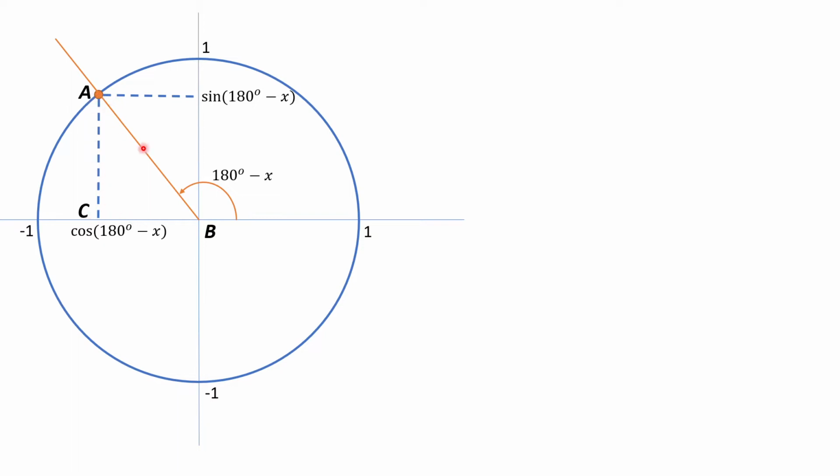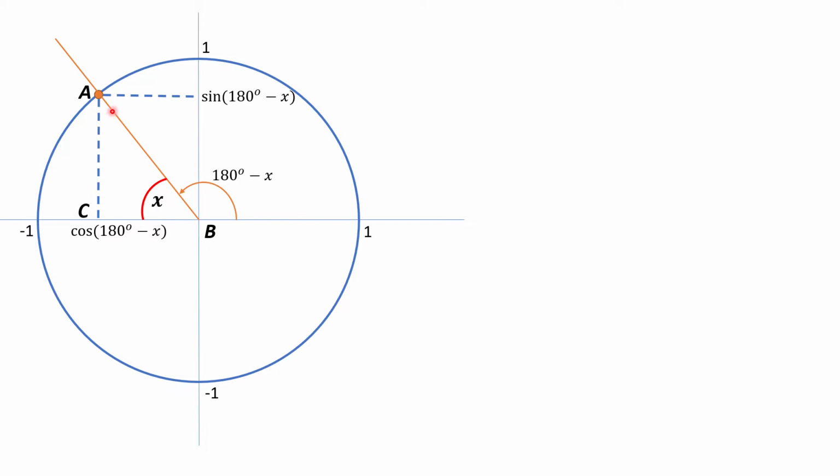This is a right triangle. And if you look carefully, you find that angle B in that triangle equals x. Why? That's because that angle plus 180 minus x together should give me a straight angle of 180 degrees.